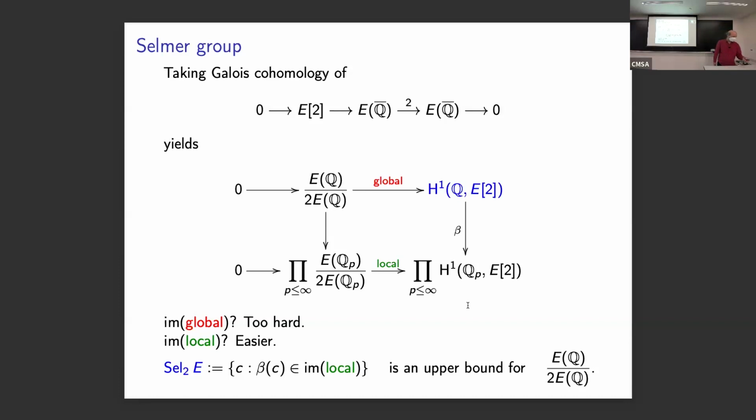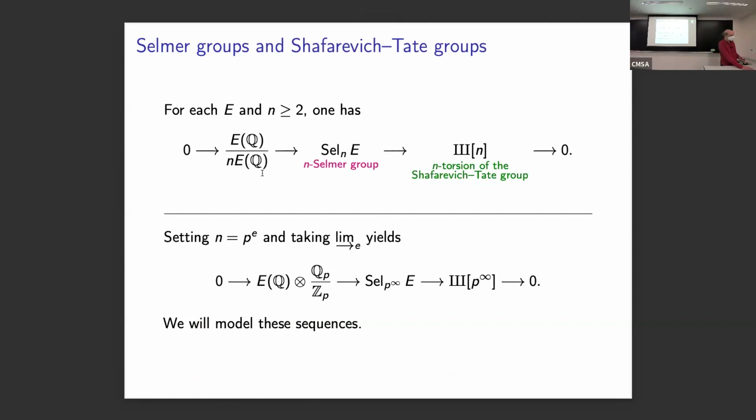Any other questions? No. Okay. So we'd like to measure how good an upper bound this is for this quotient. And there's an exact sequence that measures the difference. In fact, you can do this not just for the 2-Selmer group, but you can analogously define the n-Selmer group for any n at least 2.